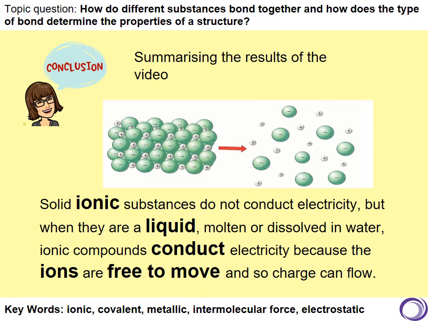However, once they become a liquid and the particles can move, and that could be either as a molten solid, so we've just heated it up till it melts, or we could dissolve it in water, once the ions are able to move, then they will conduct electricity because the ions can move and so the charge can flow.